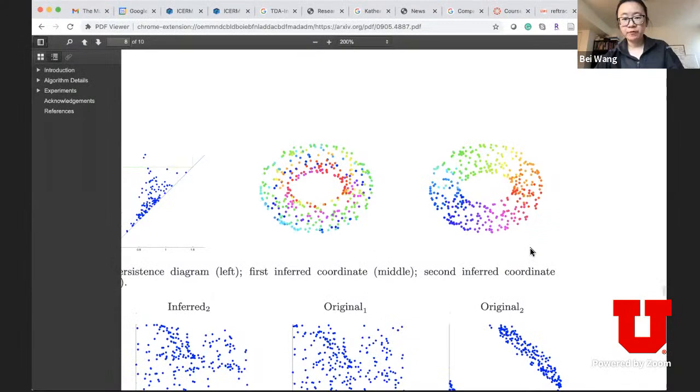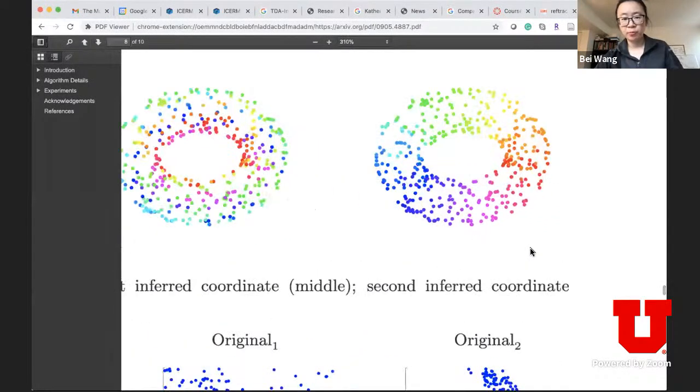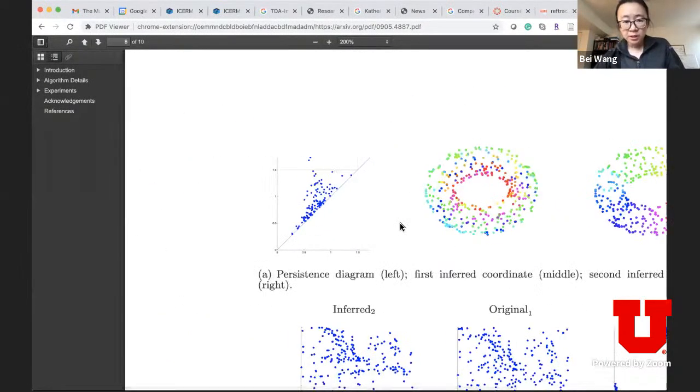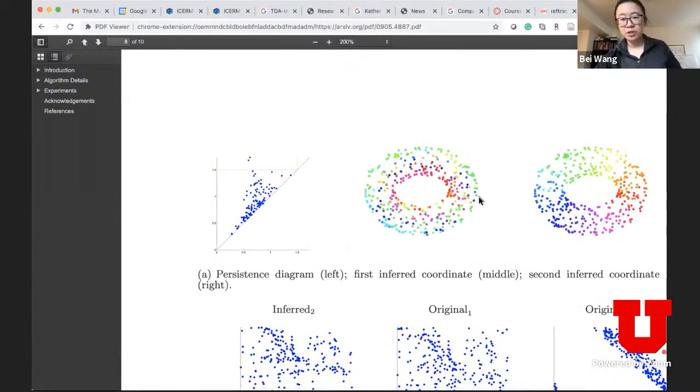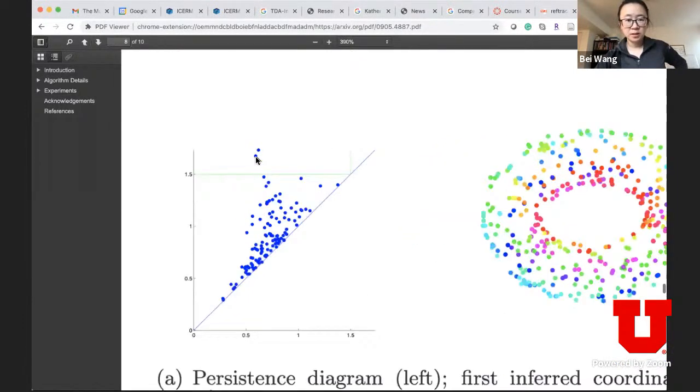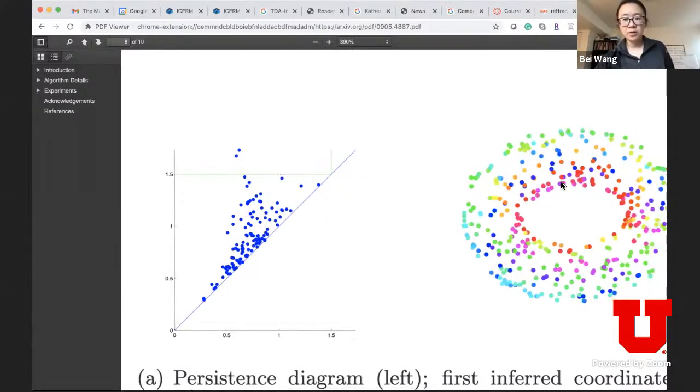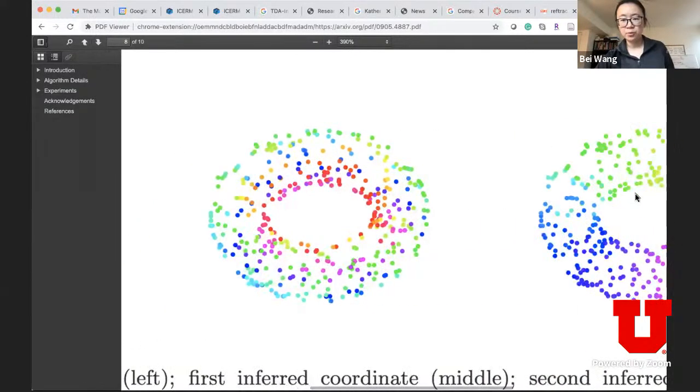This is an example from the original cohomology parameterization work, okay? If you compute the persistent homology of a point cloud coming from a torus, you see that there are 2 points in dimension 1. Those correspond to the 2 loops of the torus, right? One goes around this tunnel, and one goes around the cylinder.